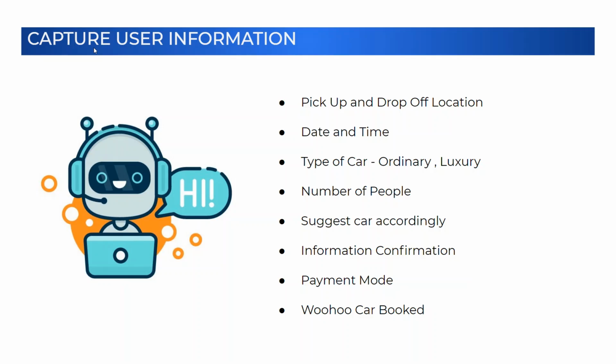And also the number of people traveling. Based on all this information, we are going to suggest them a car. Once the car options are listed, a user can make a choice and say, hey, I want to go with this car. We will confirm all the information from the user. Once he gives us a go-ahead, we will ask him to make a payment and the car is booked. Okay. This is the process flow that we will be building for our voice bot in this series.